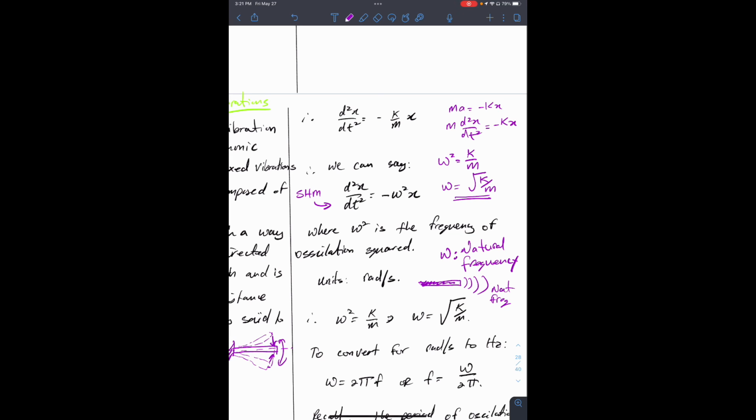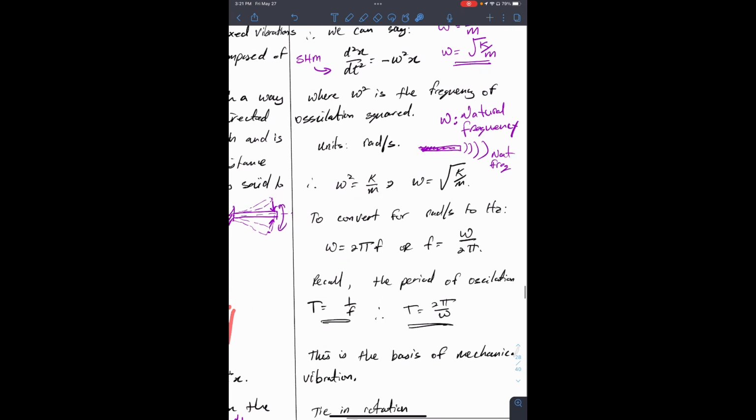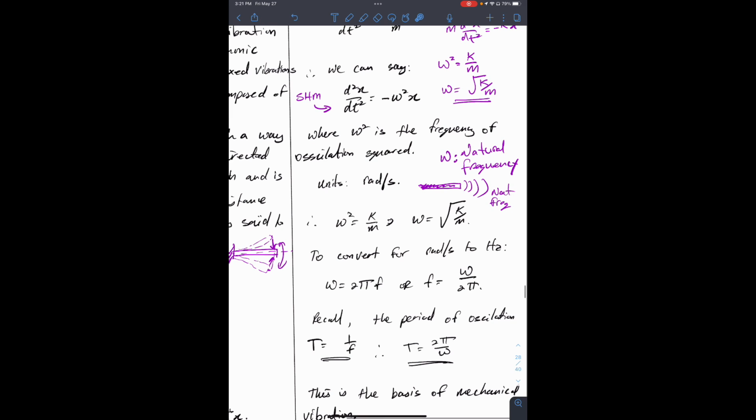There are different ways to calculate that frequency, but what we just did when we obtained this equation is find the natural frequency of this system, a spring mass system. So the natural frequency of a spring and a mass is given by the root of the stiffness over the mass.